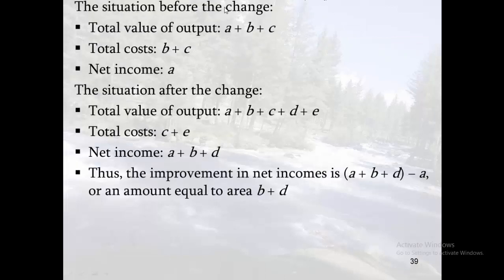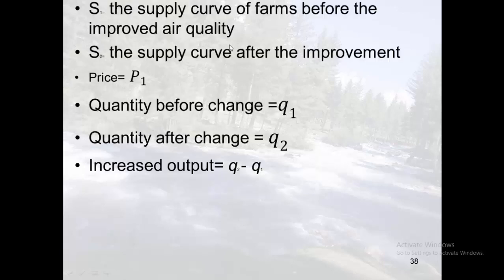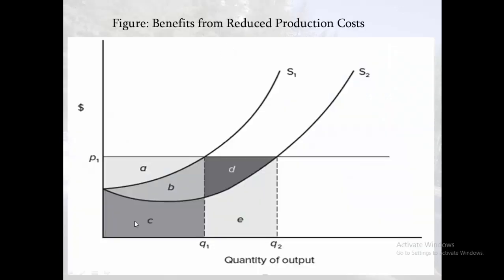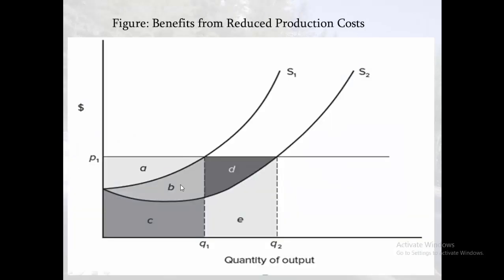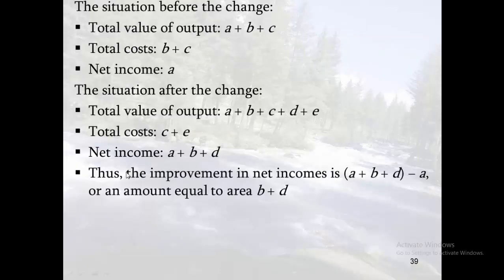Total cost is B plus C. So definitely this region A is the income.